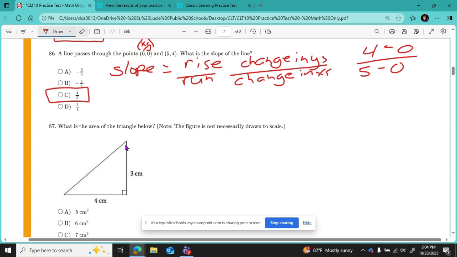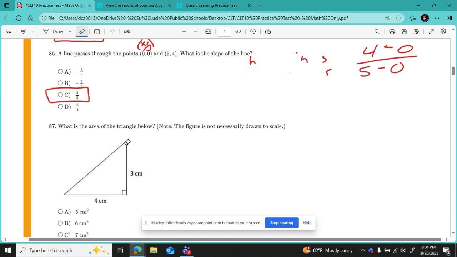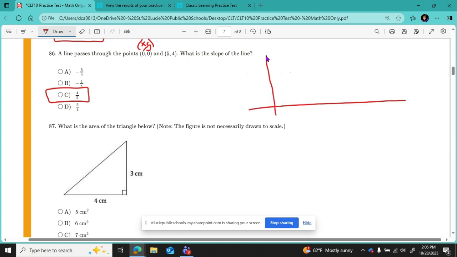And because they gave you ordered pairs that are not too far apart, if you're more of a visual person, you can count out your slope and draw that out. There's my coordinate plane. We got a point at the origin, (0, 0), and we got a point where x is 1, 2, 3, 4, 5, while y is 1, 2, 3, 4, right here.